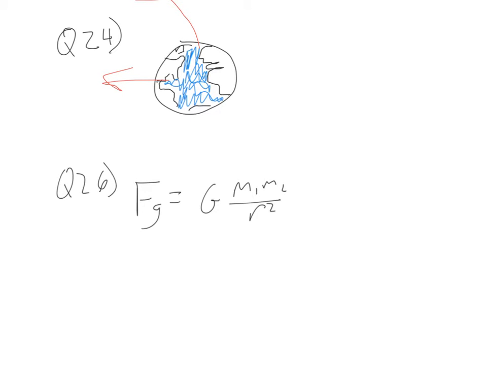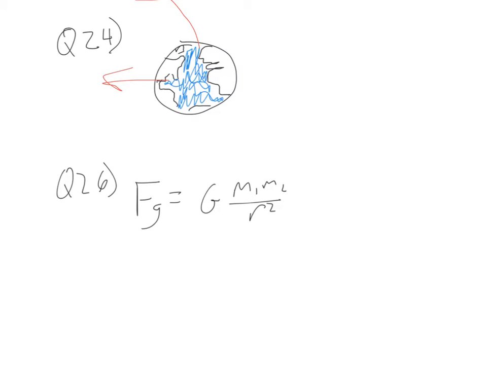Question 26 asks if two masses are separated by a distance r, if we doubled the distance between them, then what would happen to the force? Now remember that force of gravity equals capital G times the mass of the two objects multiplied by each other divided by the distance between them squared.